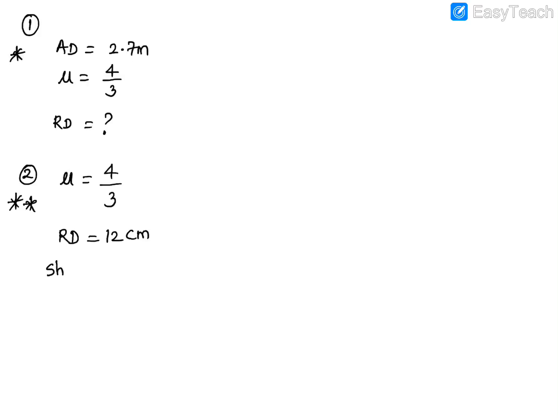Underline the word raised. Raised basically means what will be the shift. So what will you do in this sum? First you will find out the apparent depth, using the same formula as in the first problem, but that's not your answer. When you solve, your apparent depth will come to 9 centimeter. Correct?